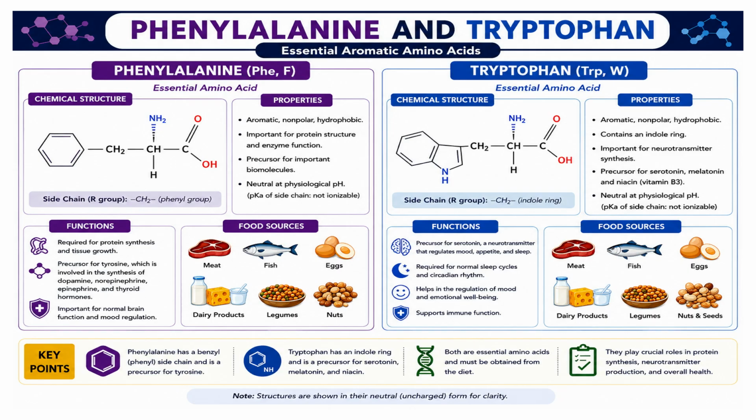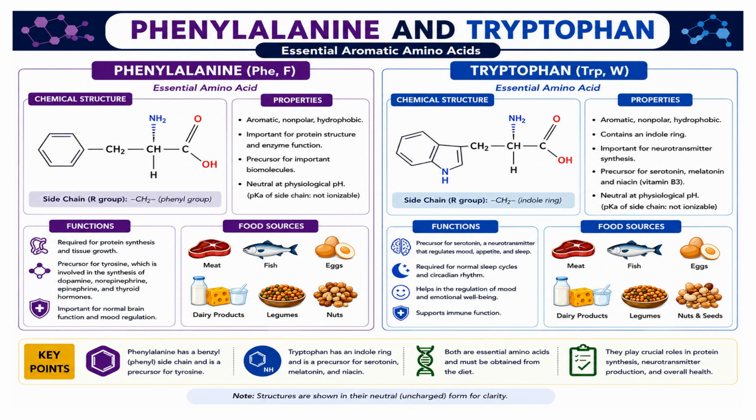Its phenyl ring is nonpolar and hydrophobic, and contributes to the hydrophobic interactions that help stabilize protein structure. Phenylalanine is converted to tyrosine, which serves as a precursor for dopamine, norepinephrine, epinephrine, and thyroid hormones. Dietary sources include meat, fish, eggs, dairy products, legumes, and nuts.